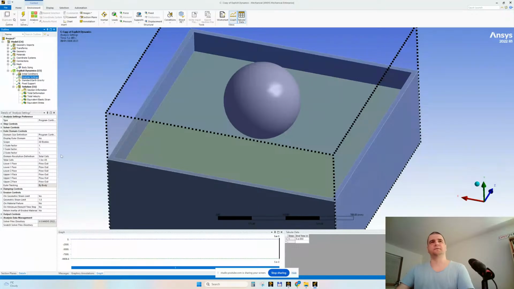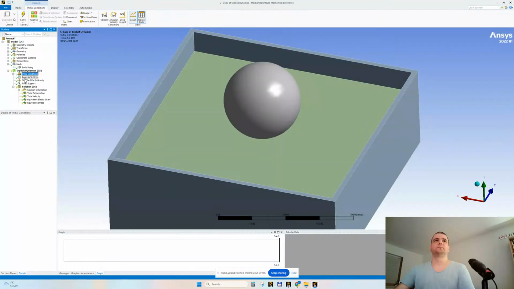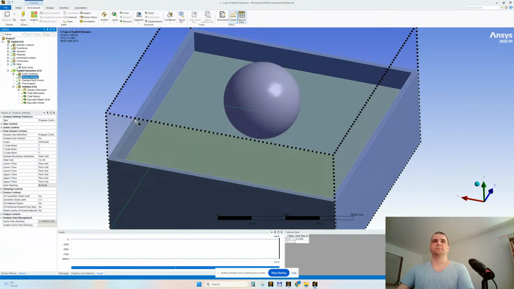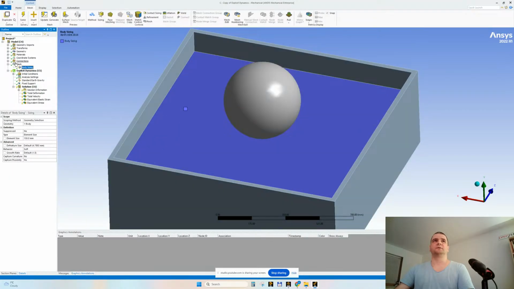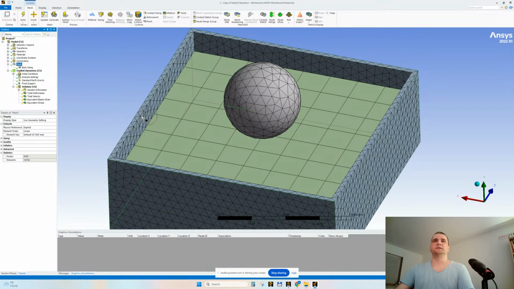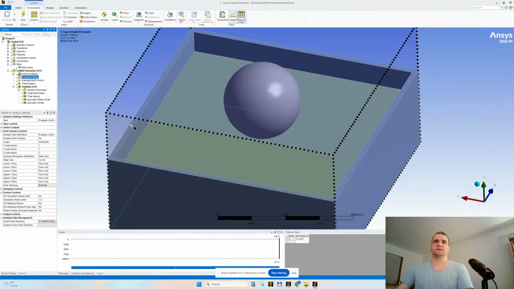We can even go smaller, 100,000. So this distance is almost the element size of this and this part. Almost, yes. We need to have conformity.